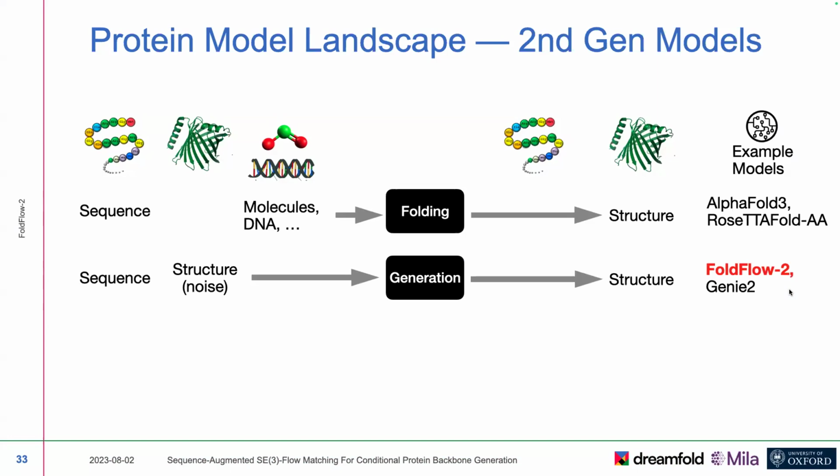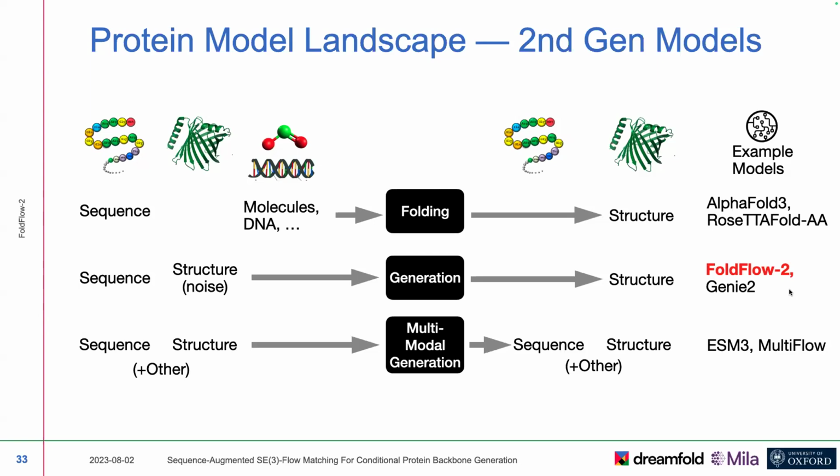And for generation, more and more people use sequence and structure to generate structure. Our model, and also Genie2, does something similar. Other models use sequence and structure and other modalities like templates, and design the sequence and structure as well. ESM3 does this, and MultiFlow is another model that does something similar.